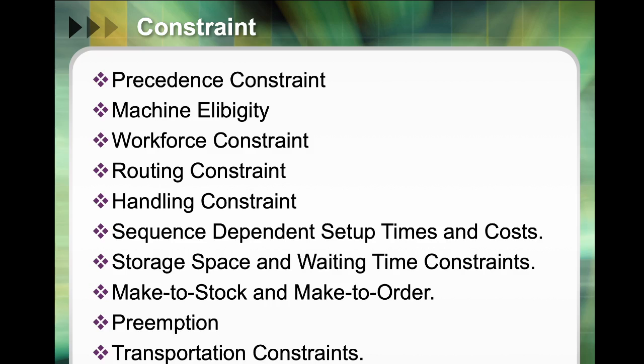And the next one we also consider is the storage space and waiting time constraints. It usually relates to the work in process storage being limited. This puts an upper bound on the number of jobs waiting for a machine. Usually we need to set up the capacity of the buffer between two machines.